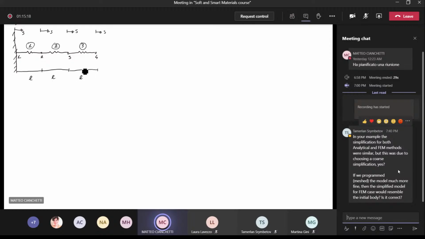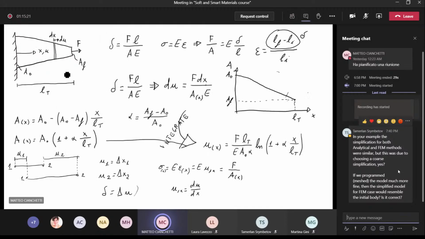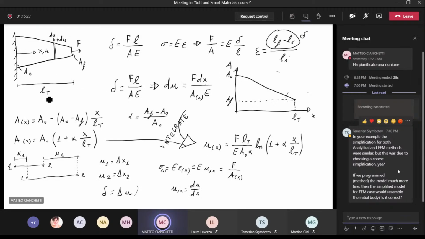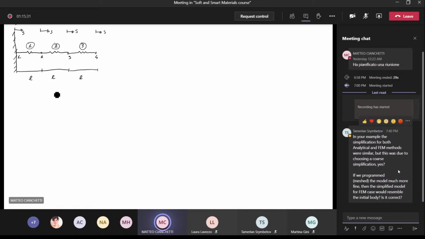Of course, 3L is equal to LT. So the sum of these 3L is equal to the original length of the tapered structure. Okay? And of course, there is the force applied here. Now, let's try to approach this simplified problem with the finite element method.